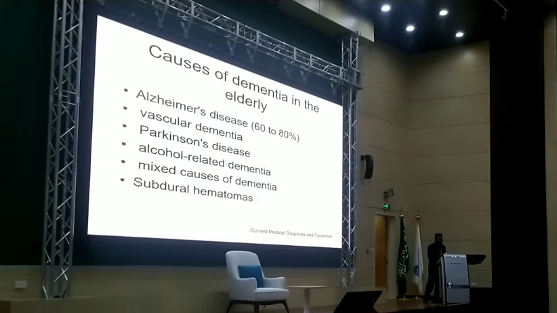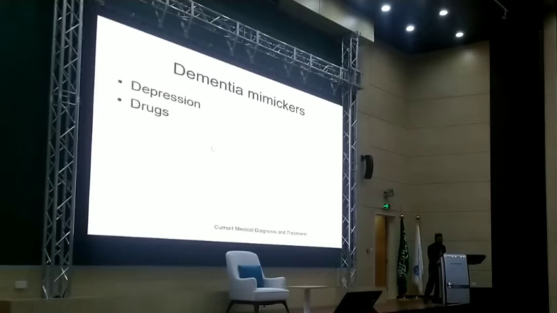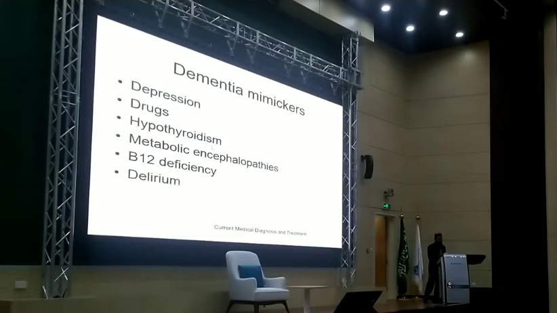The causes: Alzheimer's is the most important and most common. Then we also have vascular dementia and Parkinson's disease. The things that can mimic dementia: depression, you may think that it is dementia, so you need to differentiate. Sometimes the patient is on benzodiazepines, so drugs can also mimic dementia.